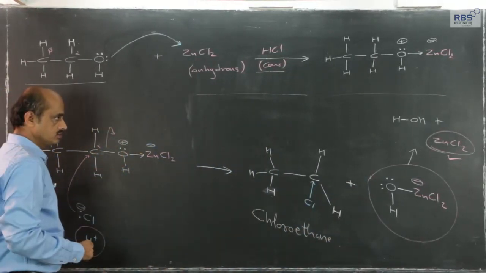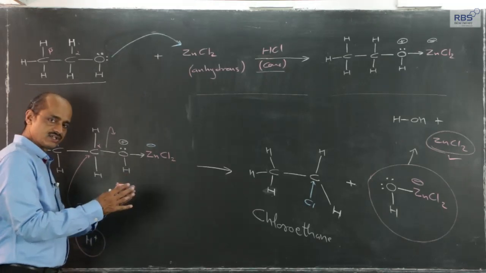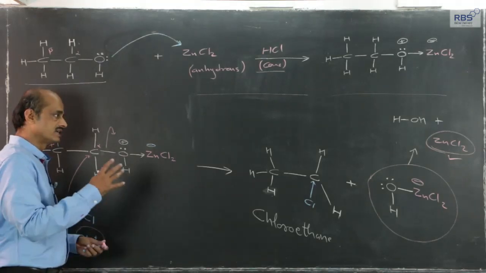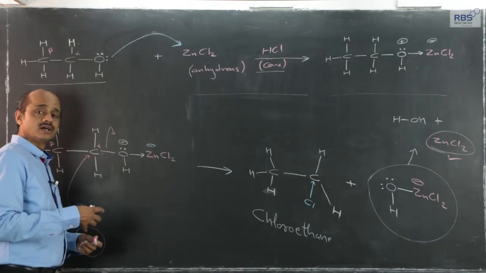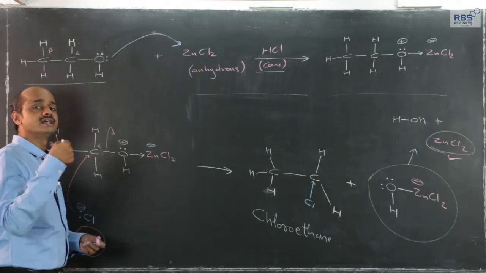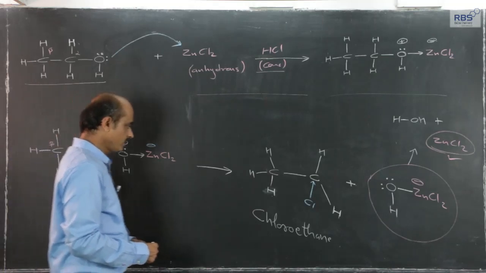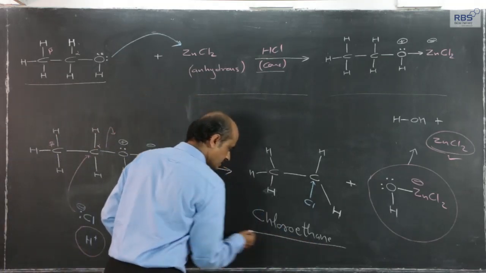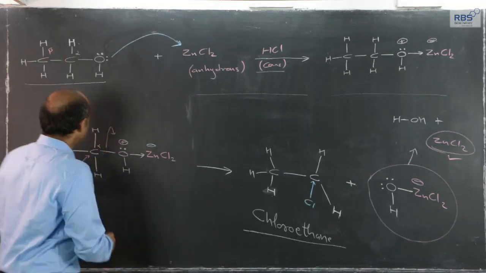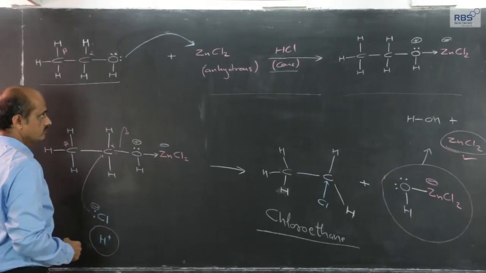So, with ZnCl2 plus concentrated HCl, the mixture which we have used, the anhydrous ZnCl2 has worked as a dehydrating agent in this manner. And ultimately, what we have produced is chloroethane by using ethyl alcohol.